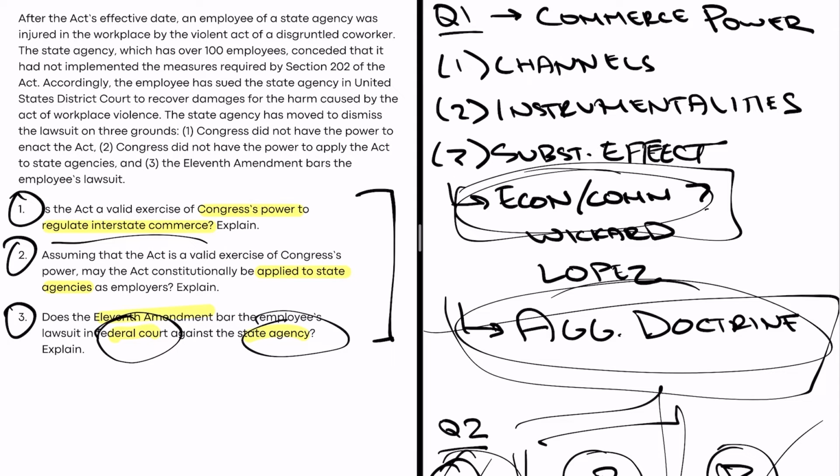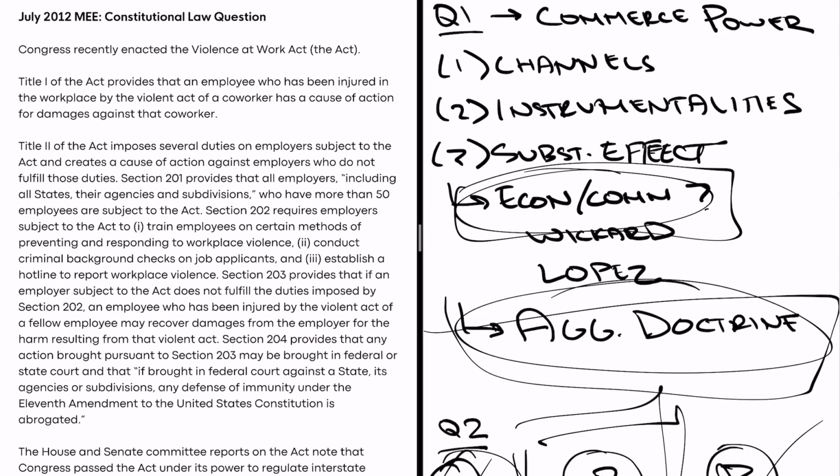So from here, we're ready to actually read the fact pattern, starting with paragraph number 1. Paragraph number 1 tells us that Congress recently enacted the Violence at Work Act, what we're going to call the Act. Okay, so we have an act that does appear to be about violence. Immediately, we want to know what the subject matter of this regulation is all about.